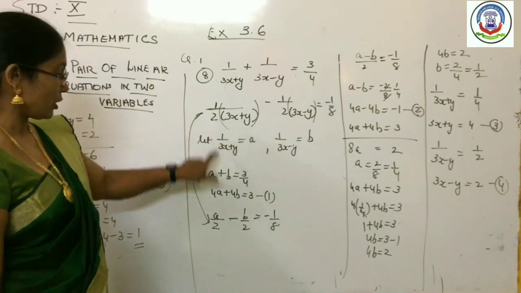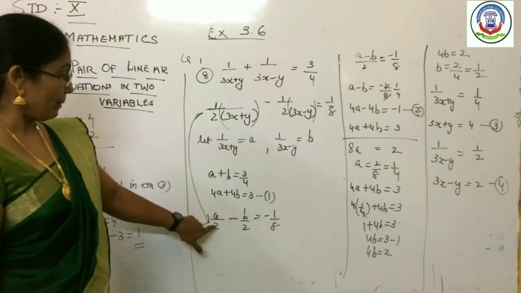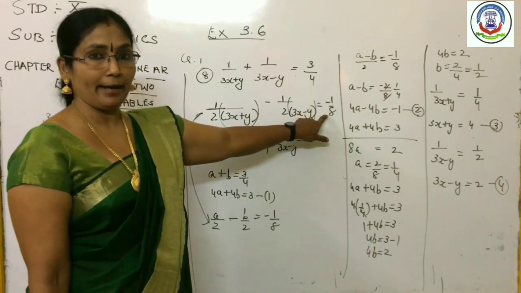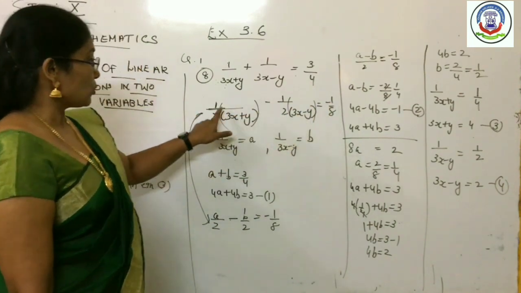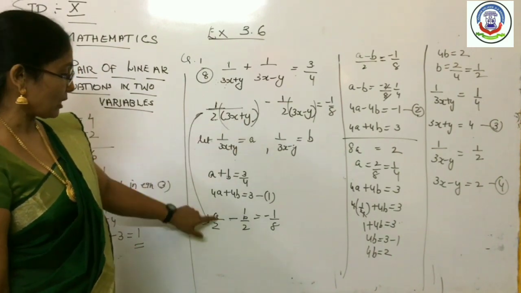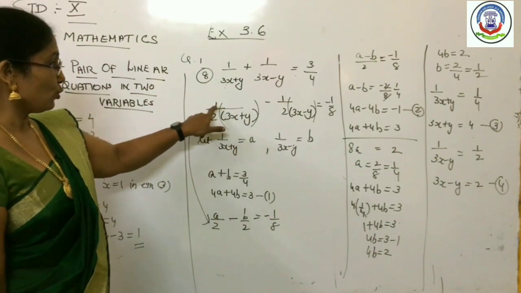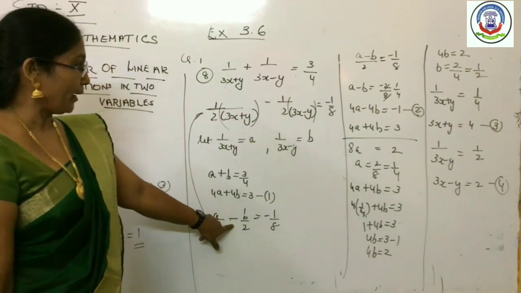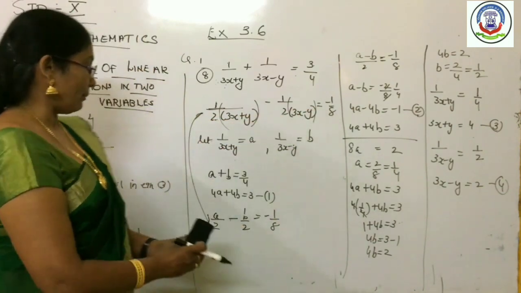That means this equation you modified as a by 2 minus b by 2 is equal to minus 1 by 8. Clear, children? 1 by 3x plus y you put as a, a into 1 by 2 means a by 2, b into 1 by 2 means b by 2, is equal to minus 1 by 8.